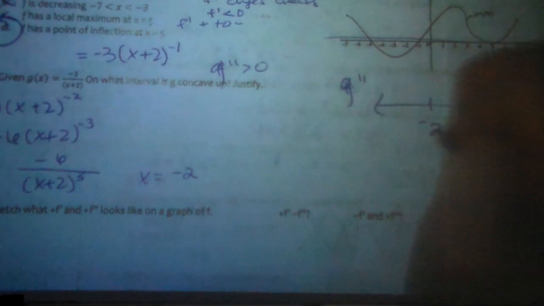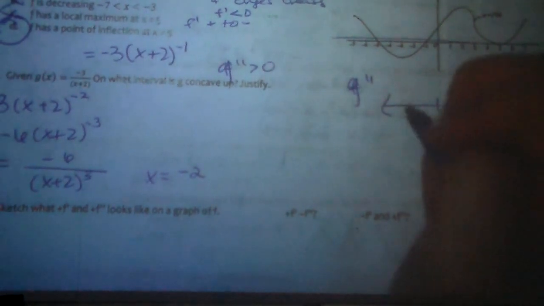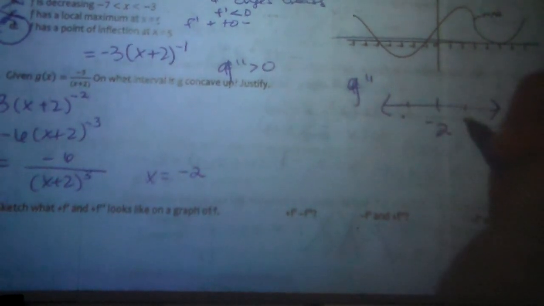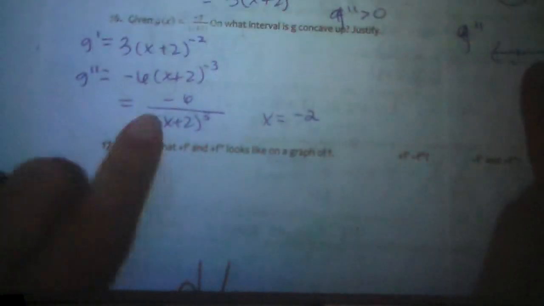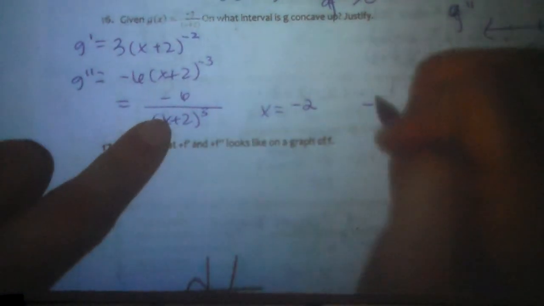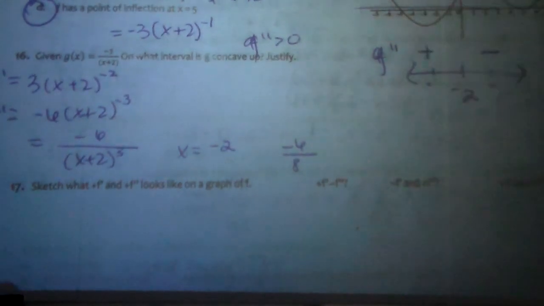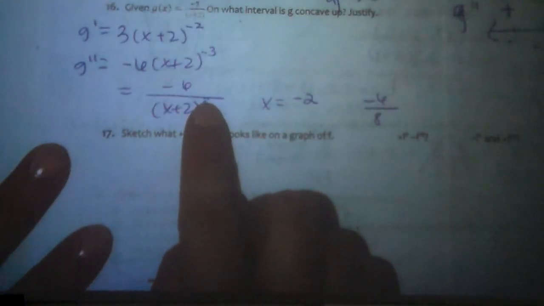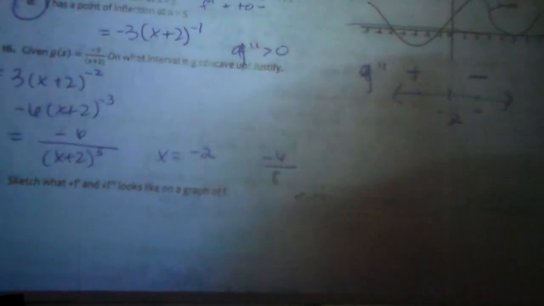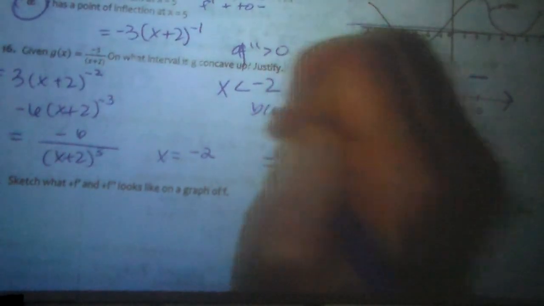So then check -2. If I plug in 0, 0's on this side. That's going to be -6 over 8, which is definitely negative, and then this will flip signs because this is cubed, which is an odd exponent. So it is concave up, x less than -2, because g double prime is positive.